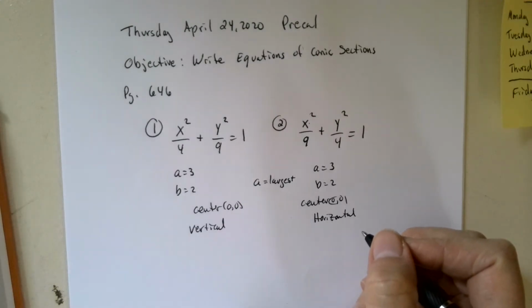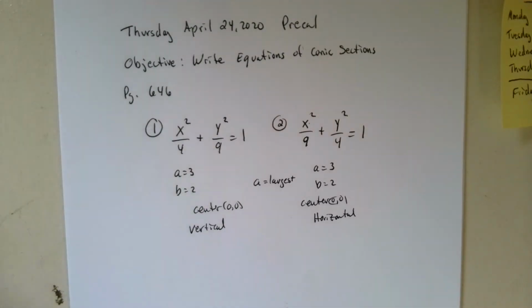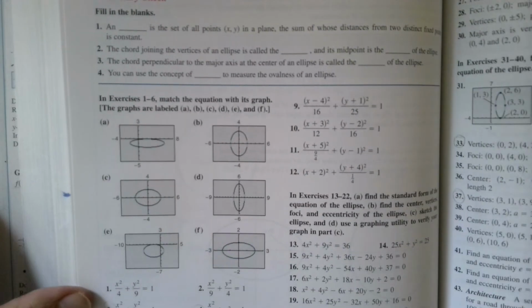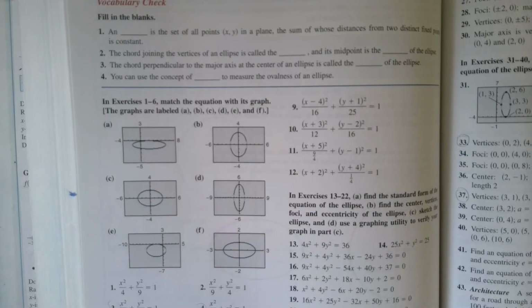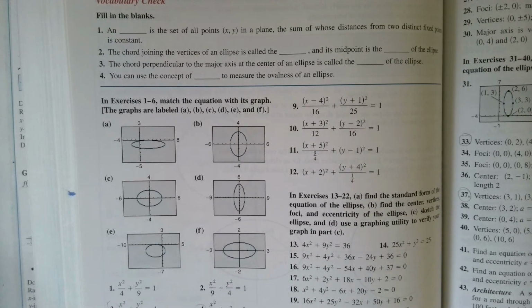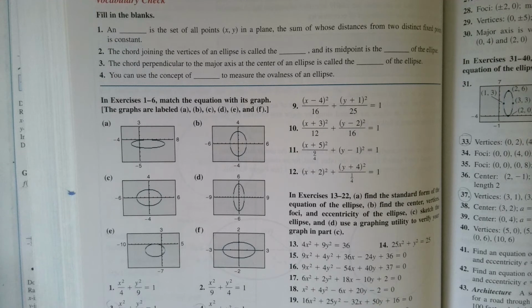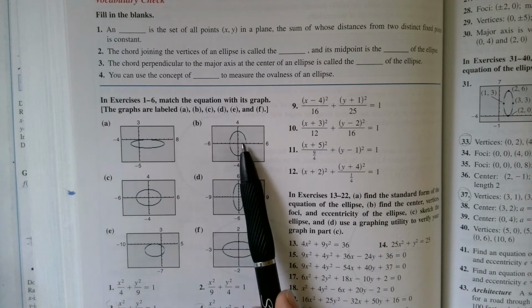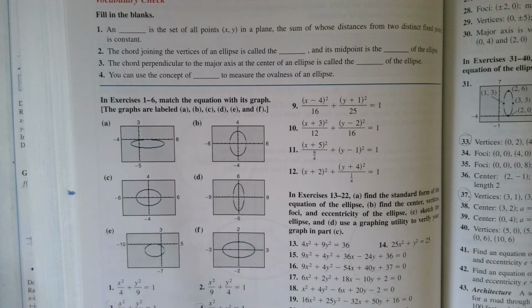So when you look at your choices, your A, B, C, D, E, and F, we're looking for the ellipses that have a center at 0, 0. And so we have C, B, D, and F all have a center of 0, 0.